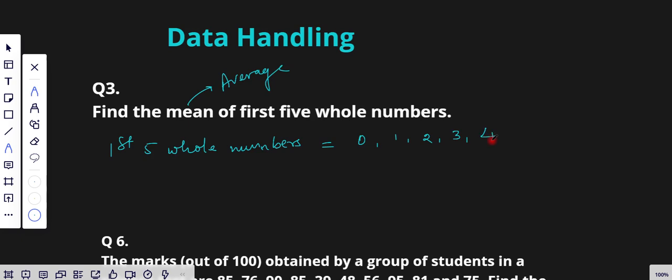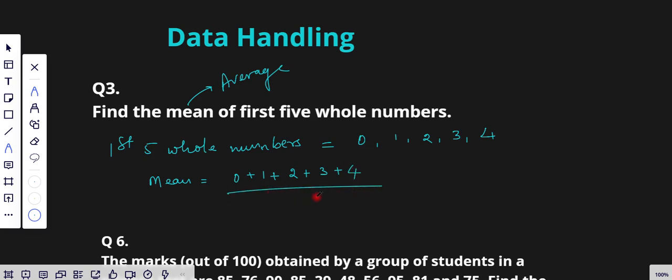Now take the mean of these. So the mean is equal to the sum of the observations divided by the total number of observations.